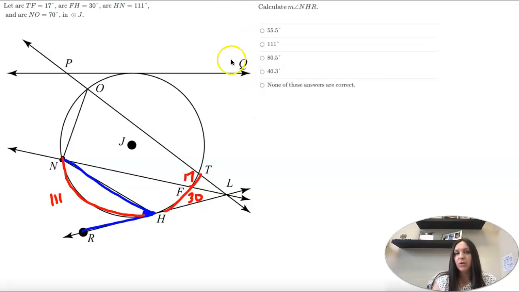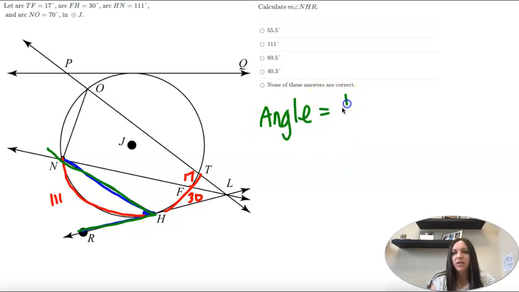So the theorem that we're using, it's in the book or the notes if you read through it. It's saying if there's an arc of a circle with a tangent line and a chord or a secant line, that the angle that's made actually equals half of the arc made by the secant line and the angle.